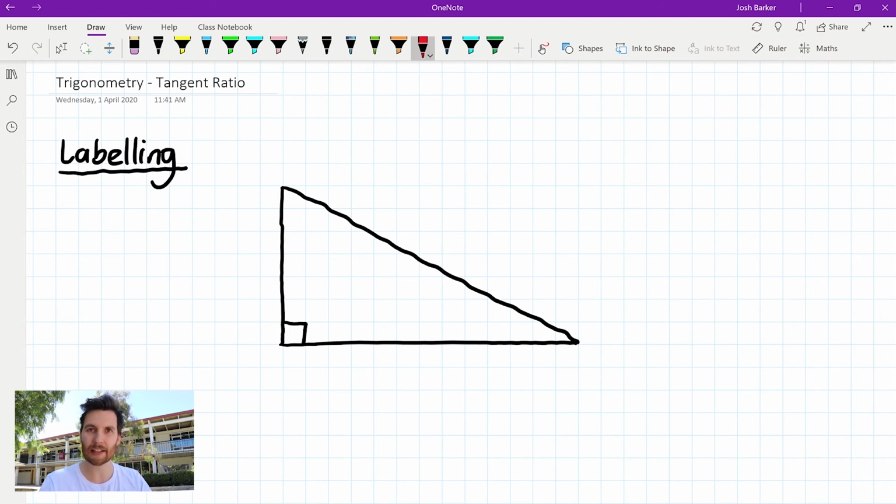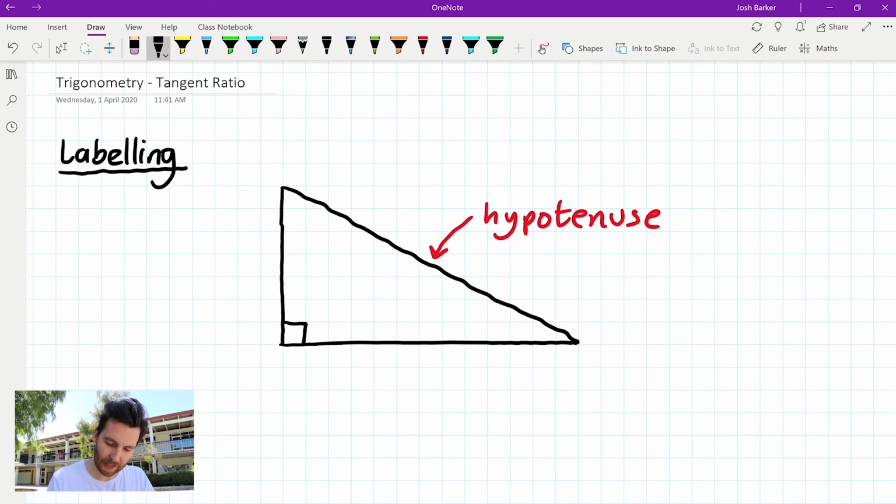Okay, so like what we did with Pythagoras earlier in the week, the hypotenuse is the longest side in the right angle triangle, and it's opposite the right angle as well. So we're going to label that one first. What I'm going to add though this time is an angle here. Now that little symbol there is called theta.